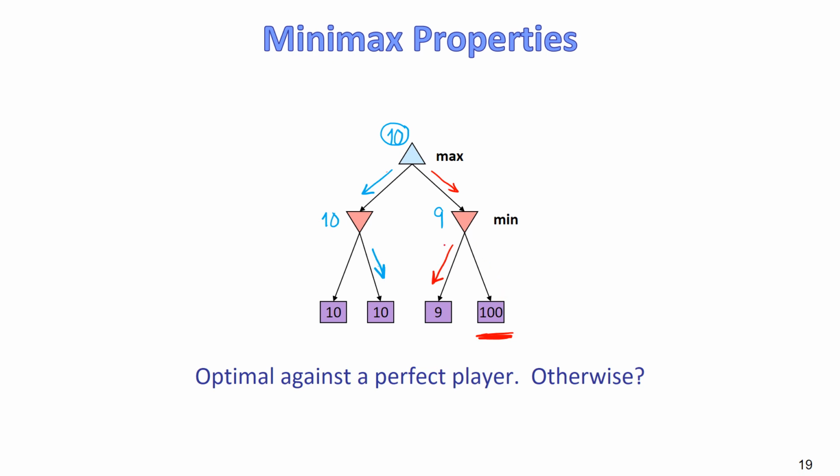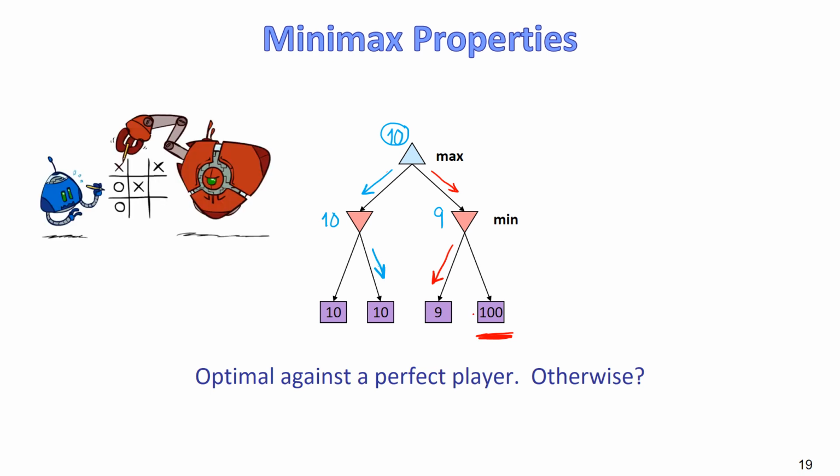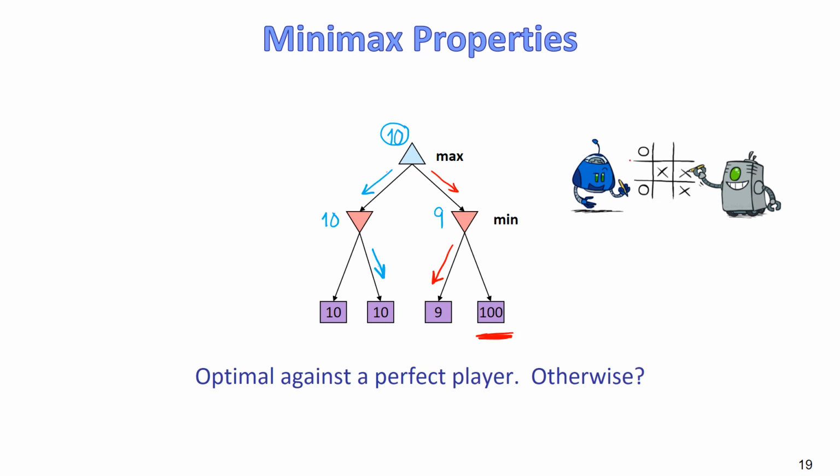And even if I get here, I will not lose much from 10, right? 9 is not very far from 10, but there is a chance to get 100. So it's the difference between playing with an optimal player like this one or a non-optimal player, a naive player, maybe playing tic-tac-toe for the first time.